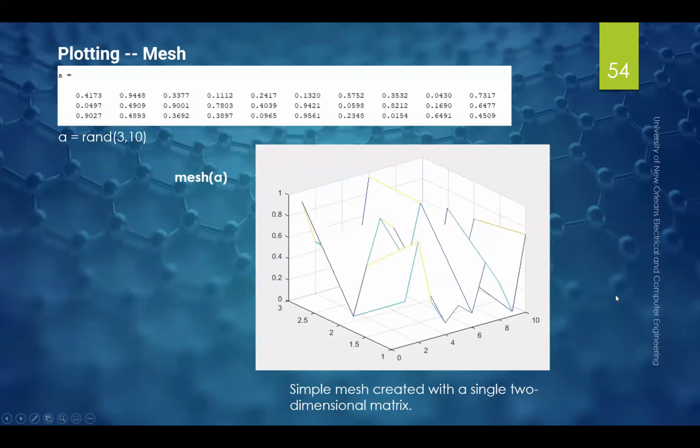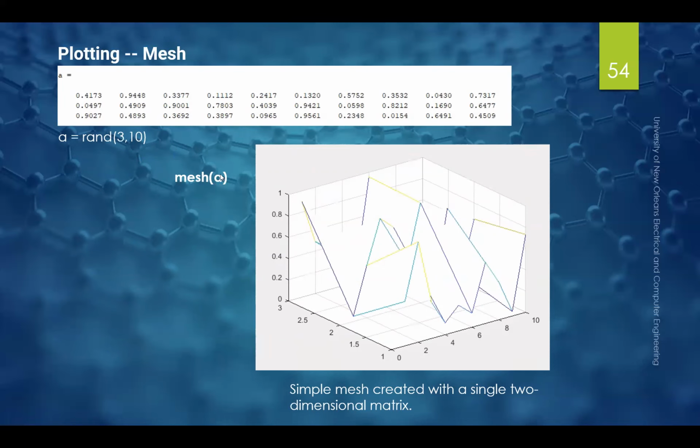Another example, on this one, I have generated a random variable just to show you. This time it's just another random set of numbers. And again, the Z matrix is used to index numbers for the X and the Y axis. In this case, my Z matrix is A, if you will, right?